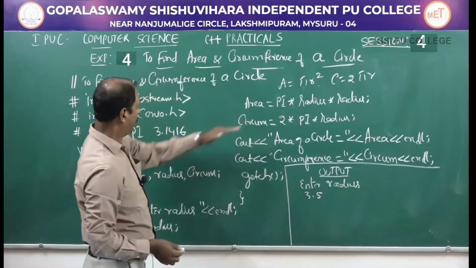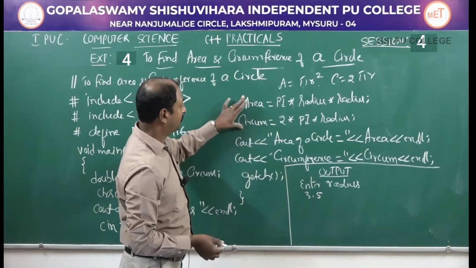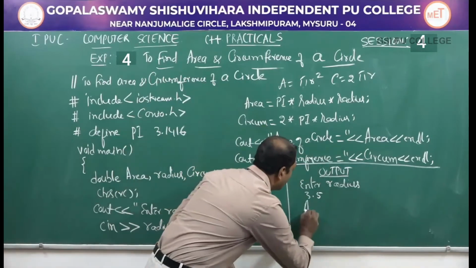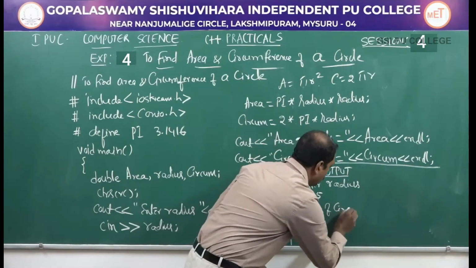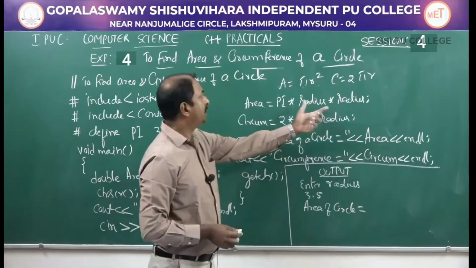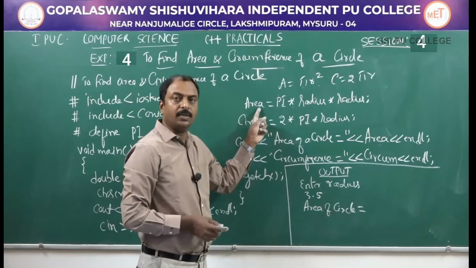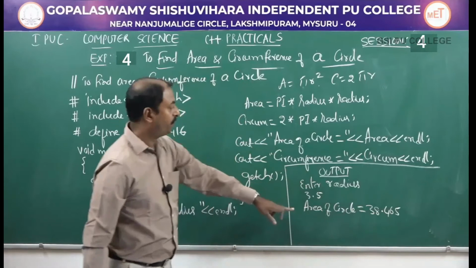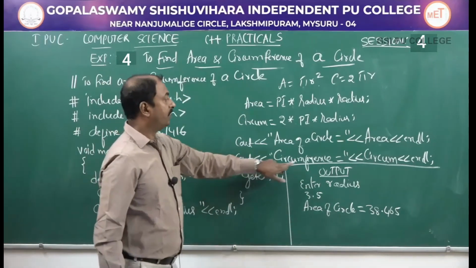Next, accepting the value from the input device, it processes it, and after processing it displays the result, area of circle equals the value of area, the result of this calculation stored in the variable area. Area of circle is 38.465. After this, the next statement is circumference.